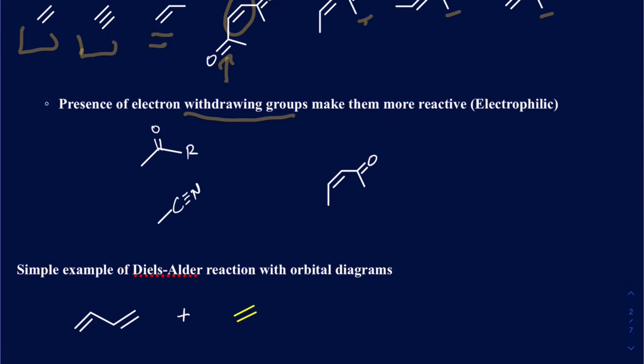and if I go ahead and try to do the resonance on it, I can have this one moving down here, and I can have this one moving down here, and as a result I'll have another resonance structure where I've got a negative charge on the oxygen and a positive charge on that particular carbon.